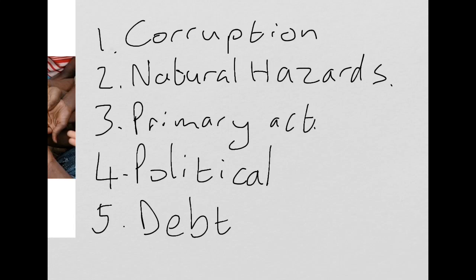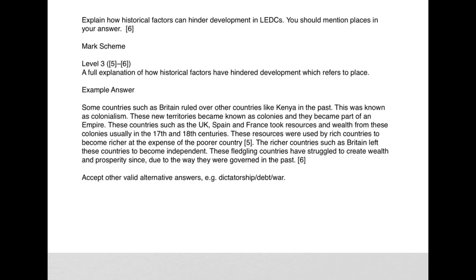However, a lot of the money wasn't spent properly, and there were huge interest rates applied to these loans. The LEDCs then were unable to pay this back, and the debt has grown massively. This reduces the amount of money available for development, as they are using that money to repay loans. So therefore, those are the 5 main factors that have contributed to the development levels that we see in LEDCs.